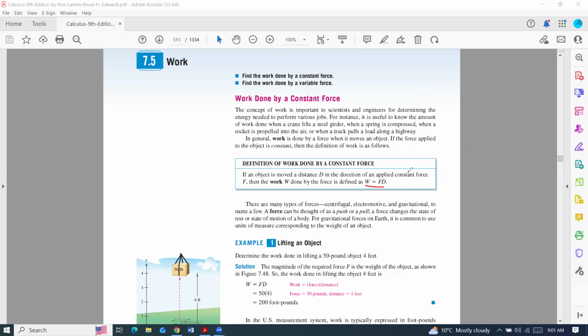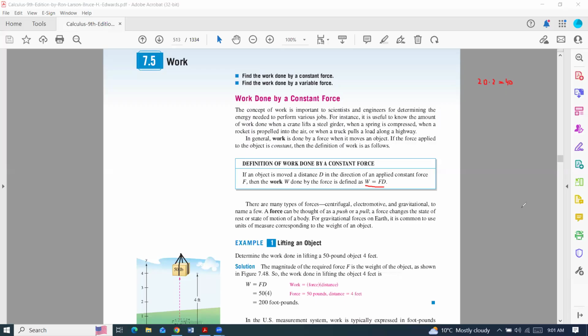So if you're trying to push something that weighs 20 pounds over a distance of 2 feet, then the work that you do is 40. They measure it in terms of some physical units, they say foot-pounds.